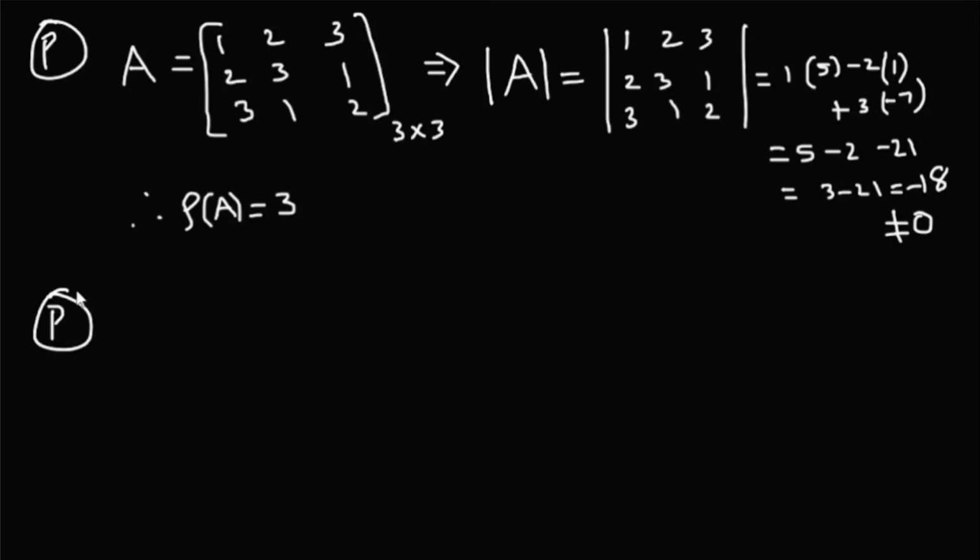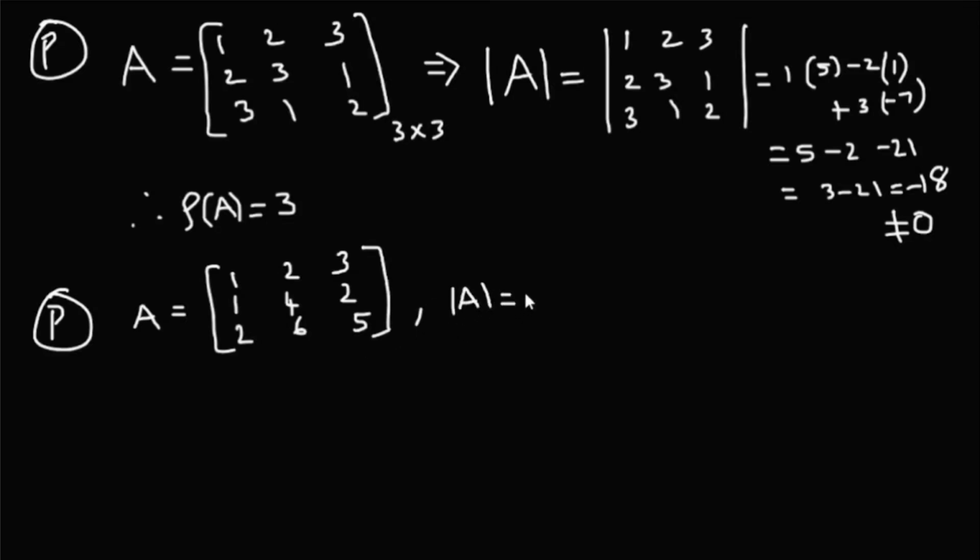And if you take another matrix, A equal to, right, then what is the determinant of this matrix? It is 1 into 20 minus 12, minus 2 into 5 minus 4, plus 3 into 6 minus 8.